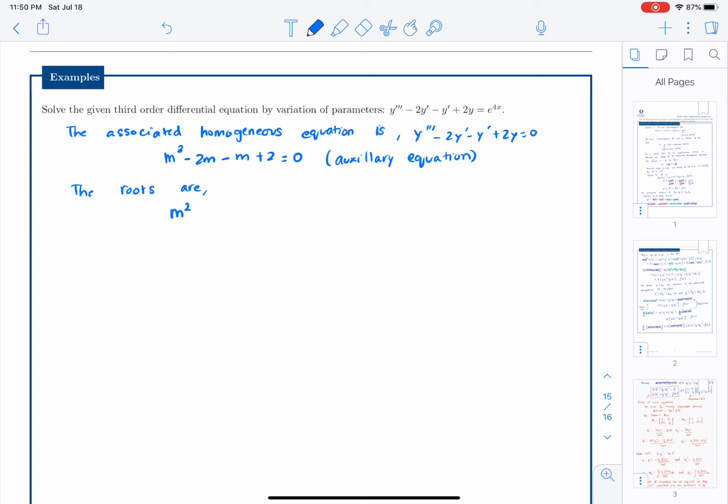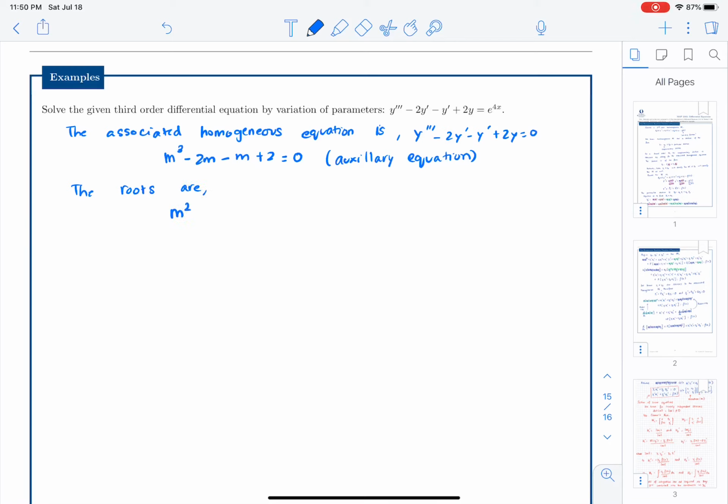So the roots are m1 is 1, m2 is minus 1, and m3 is 2. The complementary solution is y equals c1 e raised x, c2 e raised minus x, c3 e raised 2x.